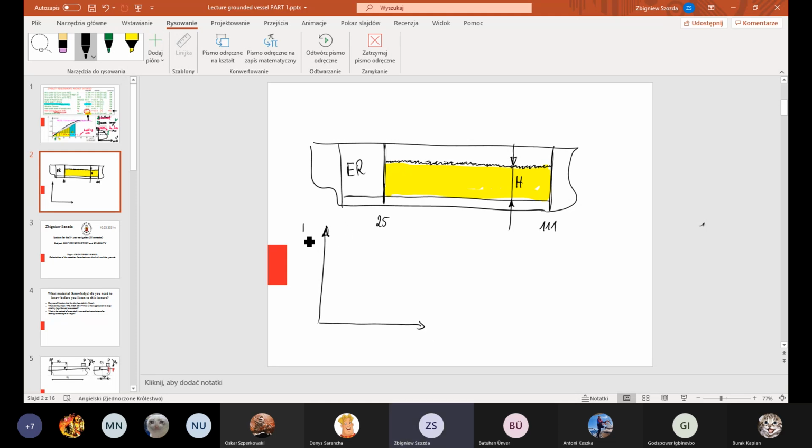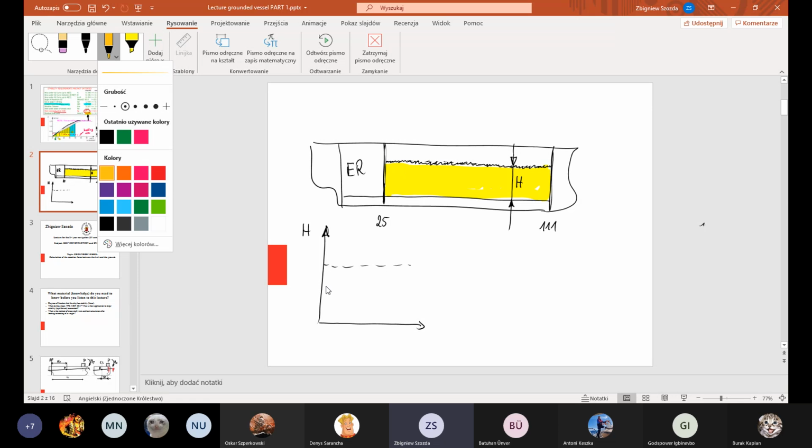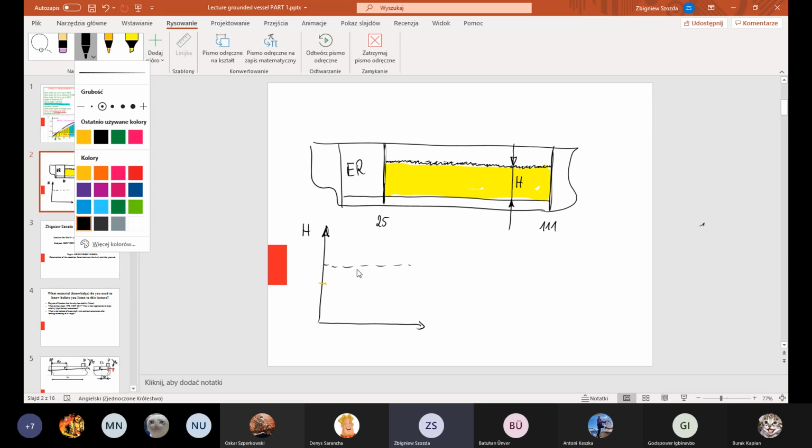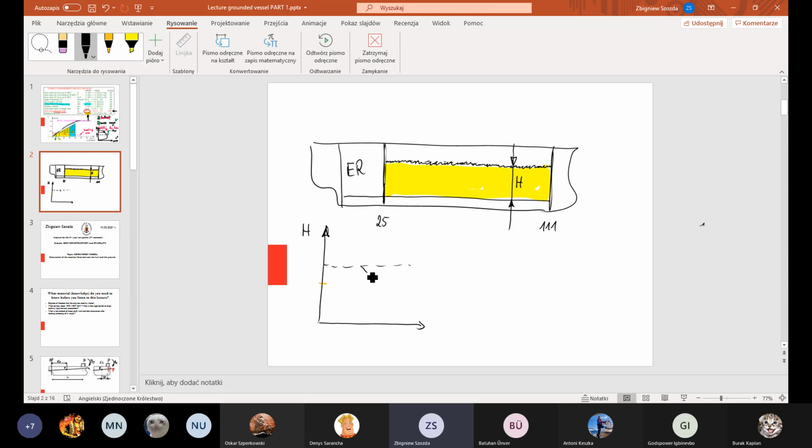The function is like that. Here is filling of the hold, maximum. Let's say we are at the level of, let's say, somewhere here, let's say 60%. And this function, in general, for an average ship, looks like such a curve. If the filling of the hold is small, the volumetric healing is small.